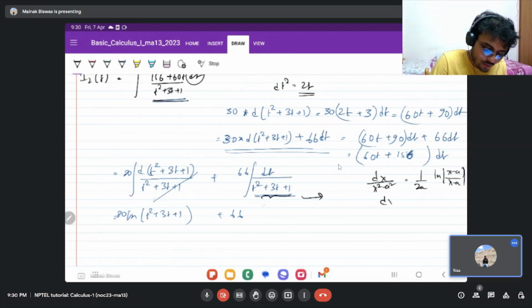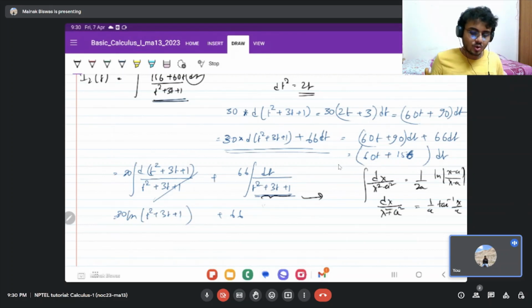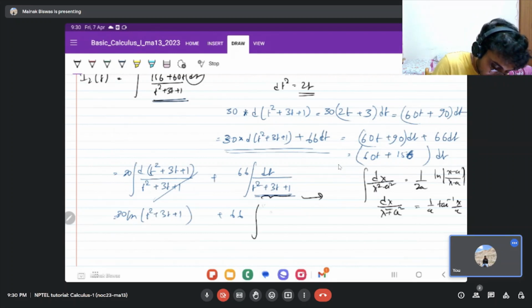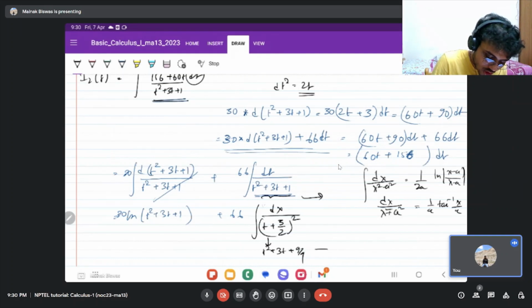Or we would like to have a formula like this, where it is 1 by a tan inverse x by a. So one of these we would like to have. So we'll make it a perfect square. So dx by t plus 3 by 2 squared. So you have, this is t square plus 3t plus 9 by 4. You need to make it 1. So you need to subtract root 5 by 2 squared.